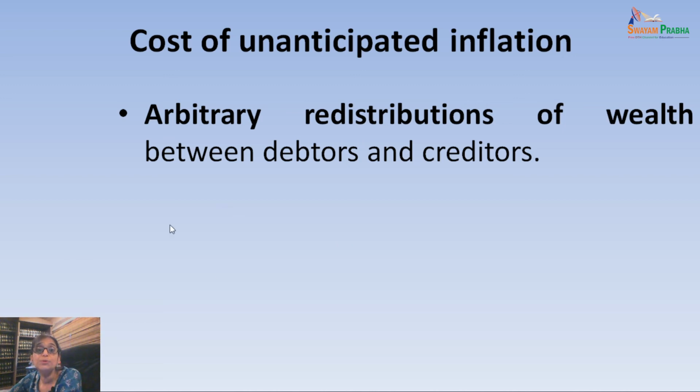This would mean that for debtors and creditors, one would gain and the other would lose. The person who has lent the money thinking that the rate of inflation would be less, but the unanticipated inflation rate was more, will have a loss, but to the borrower it would be a gain. Why? Because in real terms, he will pay back a lesser amount.